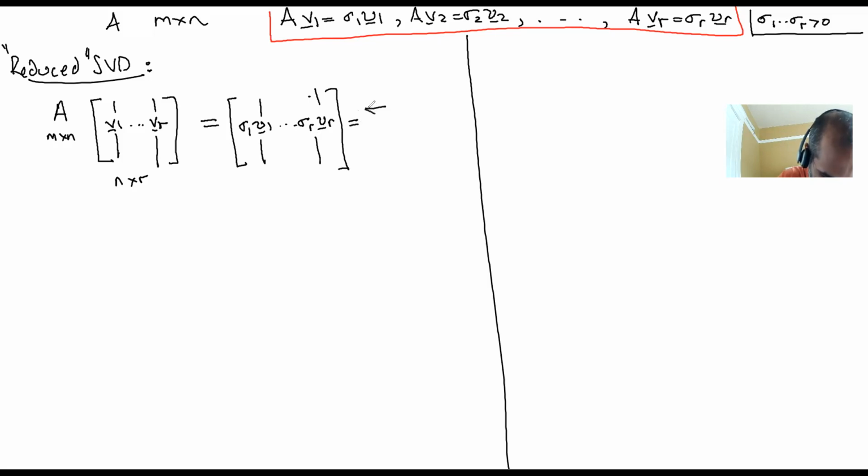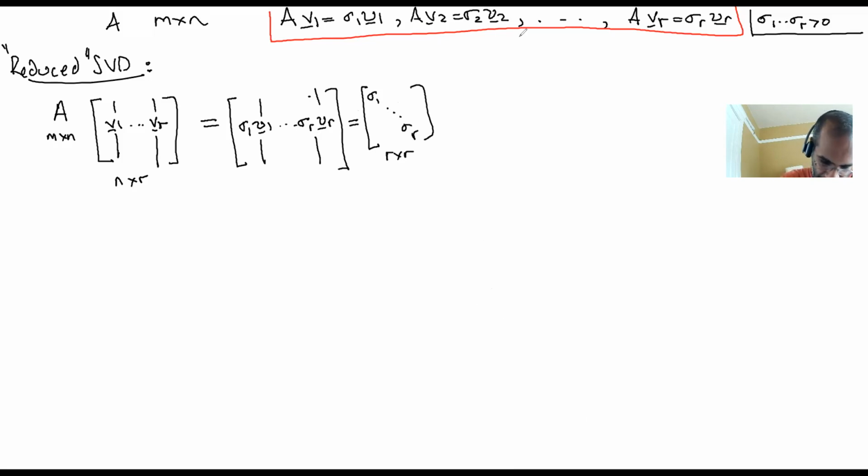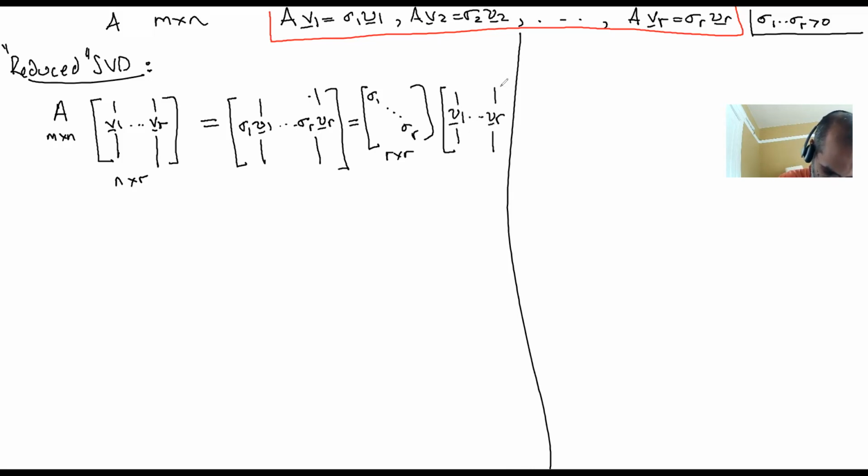I'm going to write this as the diagonal matrix, which has sigmas on the diagonal, a square r by r matrix, times the matrix of u's. Oh, sorry, I wrote it backwards.